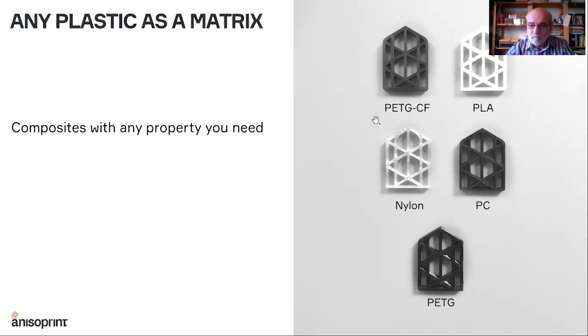So there is a big set of different properties that are governed by the matrix material, and with the co-extrusion you have the flexibility of choosing the one that is needed for your applications.